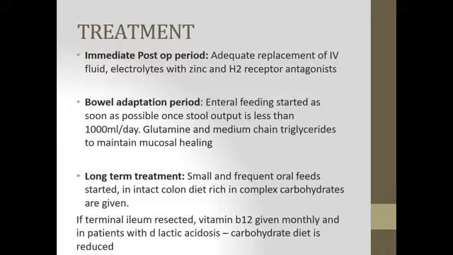The treatment is adequate replacement by IV fluids and electrolytes with zinc, and H2 receptor antagonists like omeprazole, and a bowel adaptation period. Feeding is started as soon as possible once stool output is less than 1000 ml per day, with glutamine and medium chain triglycerides to maintain mucosal healing.